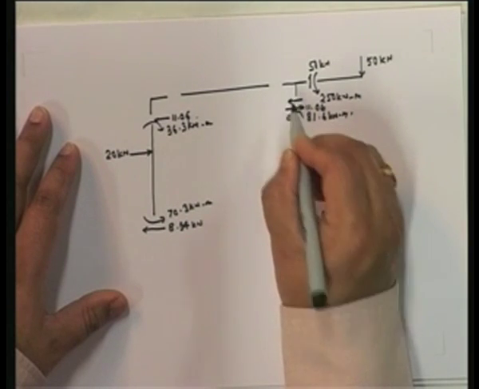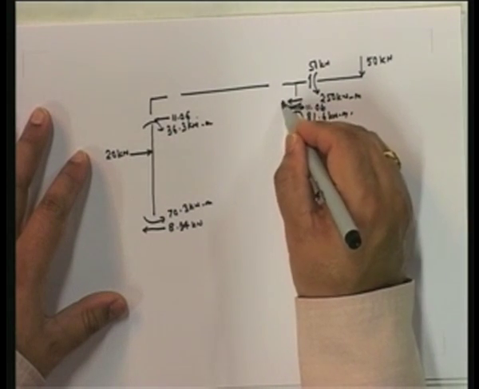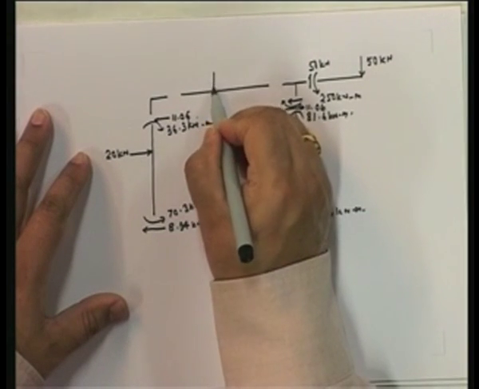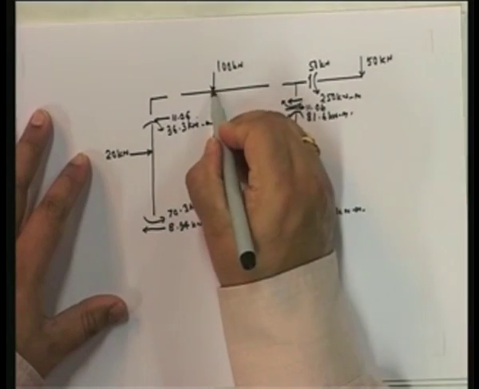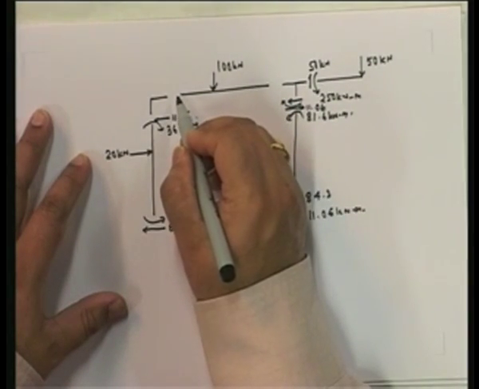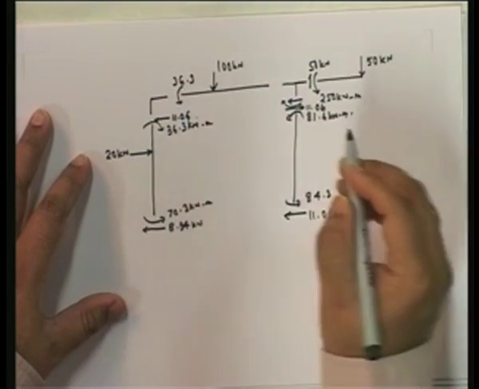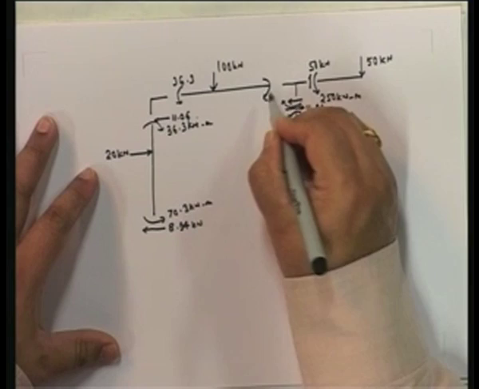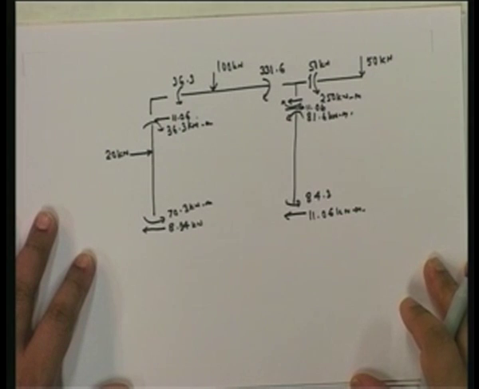Let's go through the steps. The moment will be like this. What do we have on this one? I have a 100 kilonewton force acting over here. MBC is plus 36.3, so it's 36.3. Then here this is minus 331.6.